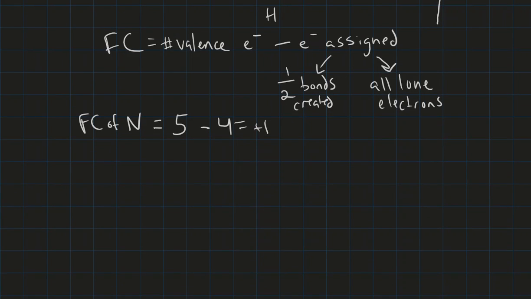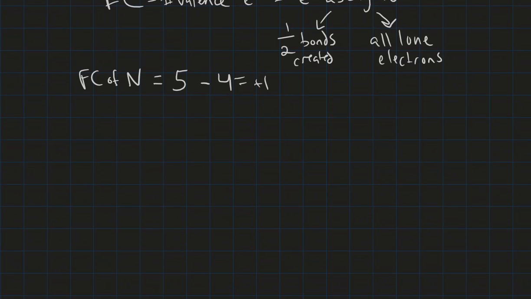Now let's do another one here. And we're going to go ahead and do something called, I always get this wrong, tetrafluoroborate. So tetra, 4 fluorines on a boron, and this has an overall negative charge.